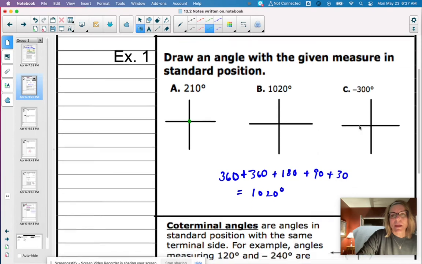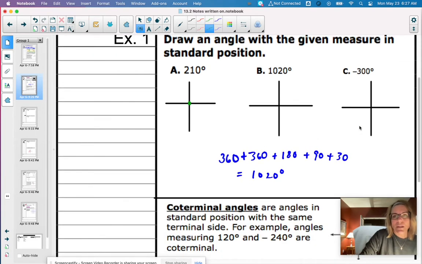So always refer back to that if you need to recall what standard position means. All of these are starting in standard position.